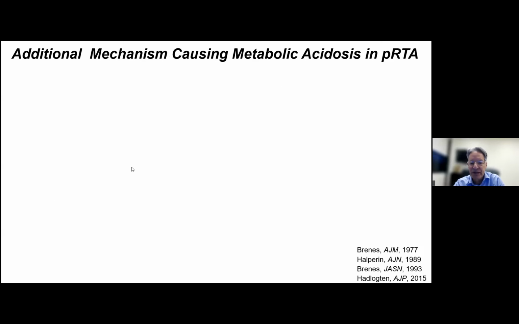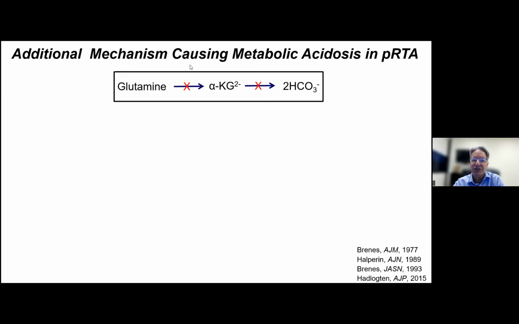Now, in addition to the bicarbonate reclamation problem, there's another process which most people aren't aware of. And they also appear to have a problem converting glutamine into bicarbonate. Now, why that occurs is not clear. It's not a problem with glutamine uptake into the cell, like in CKD or ESRD.